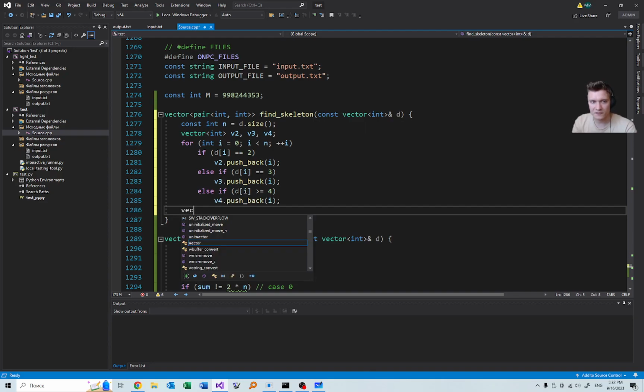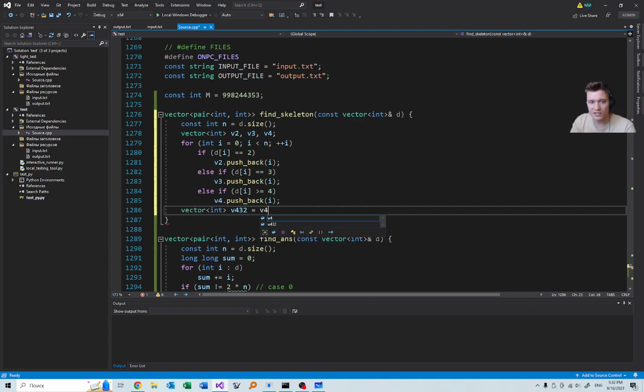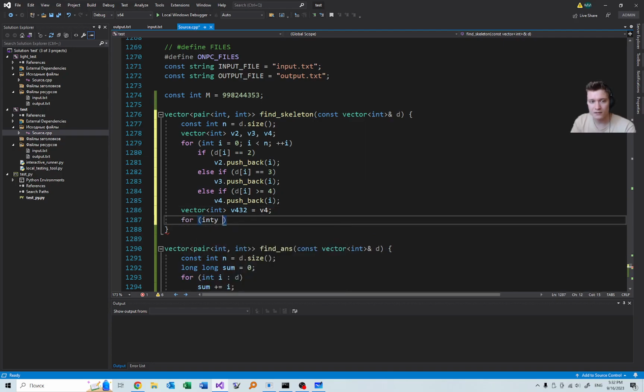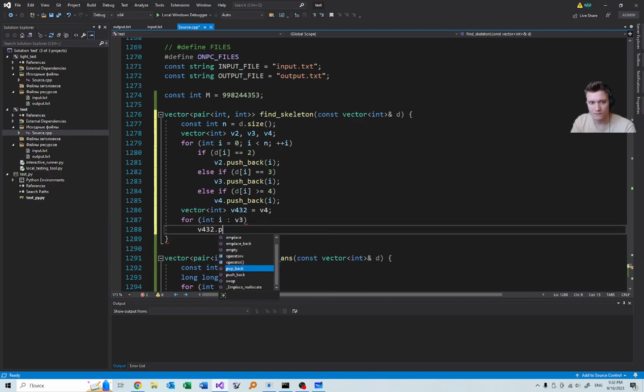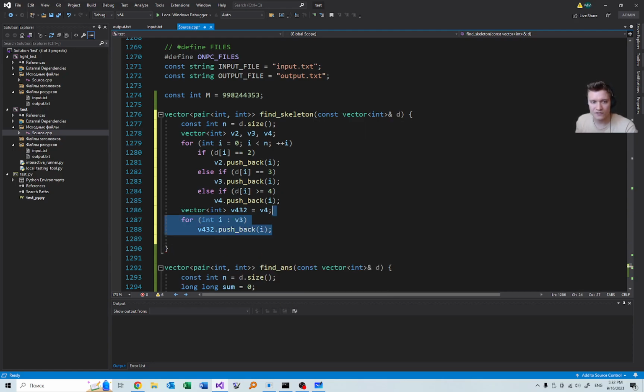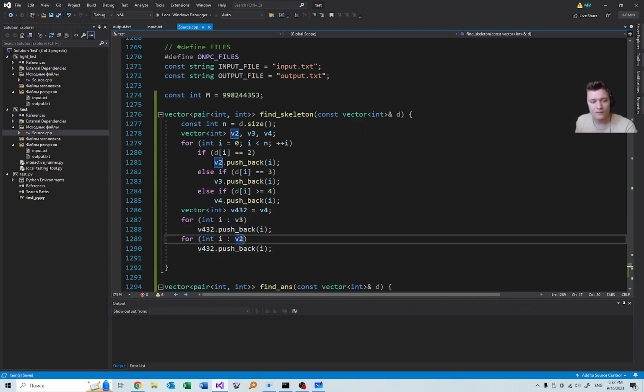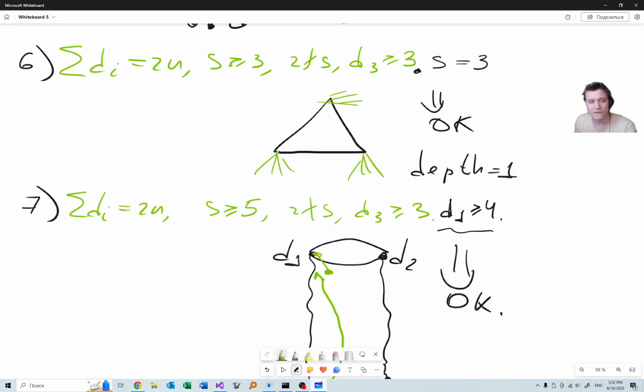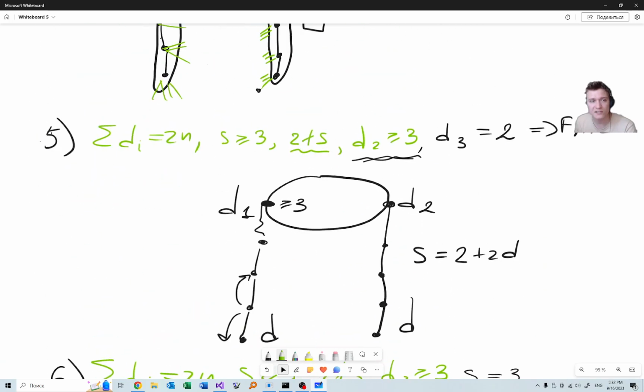After that, we say vector int v432, which is in decreasing order. Initially, it is v4. Then I push back everything from v3 here, and after that, the same from v2. So now, vector v432 is functionally the same as the sorted vector.